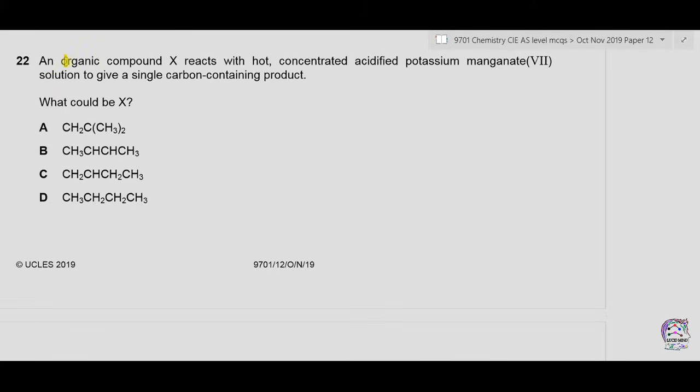Question 22. An organic compound X reacts with hot concentrated acidified potassium manganate to give a single carbon containing product. What could be X? You should know that hot concentrated acidified potassium manganate breaks the double bond completely, and different types of products are formed based on the reactant involved.